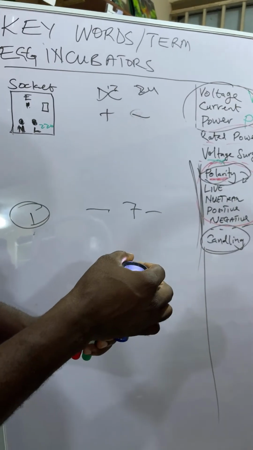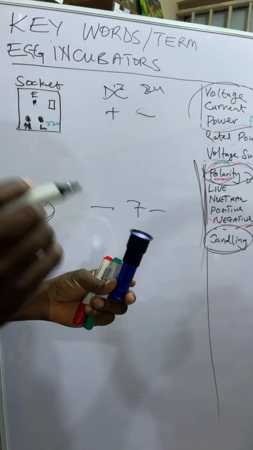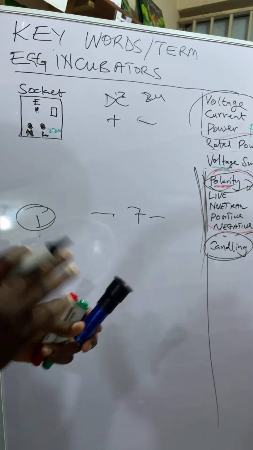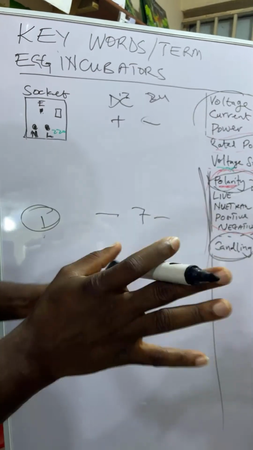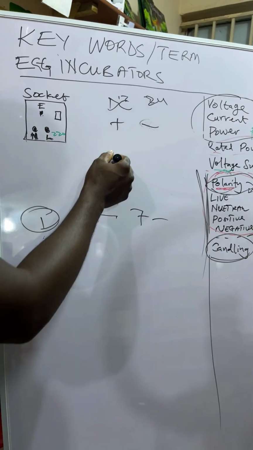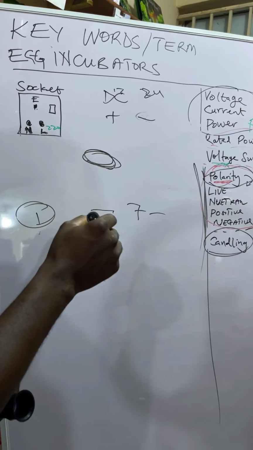If you do that in the dark, you'll be able to see signs of growth in your egg if it's good, and you will not see signs if your egg is bad. If your egg is bad, it's clear, you will not see anything. Sometimes you see a red ring, that's a bad sign.